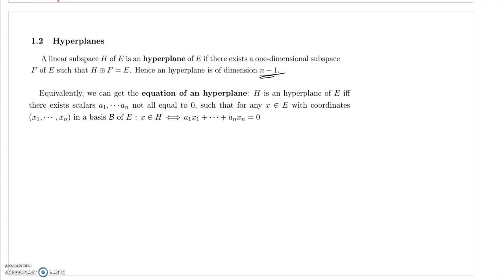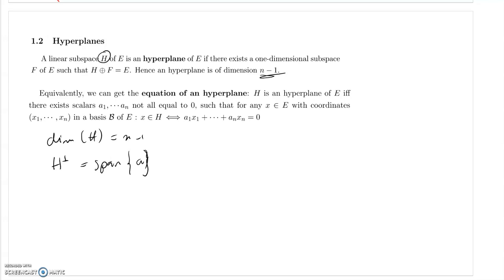What we can show is that if H is an n-1 dimensional subspace of a space E of dimension n, its orthogonal complement H orthogonal is going to be spanned by just one vector, since I just need one vector to span the remaining dimension that I'm missing.